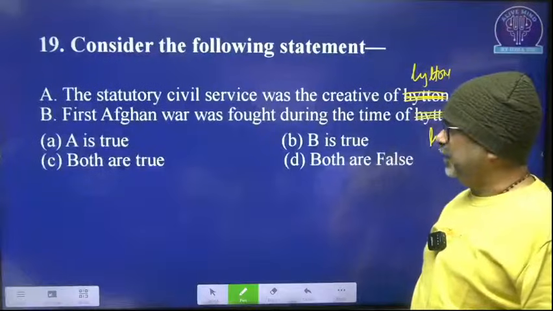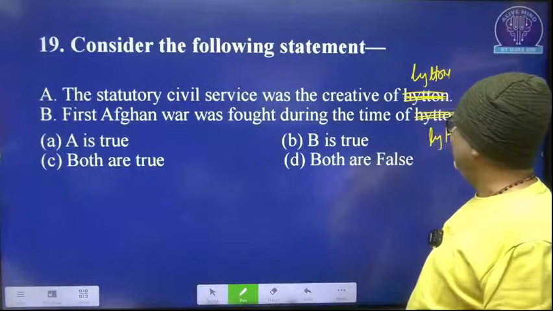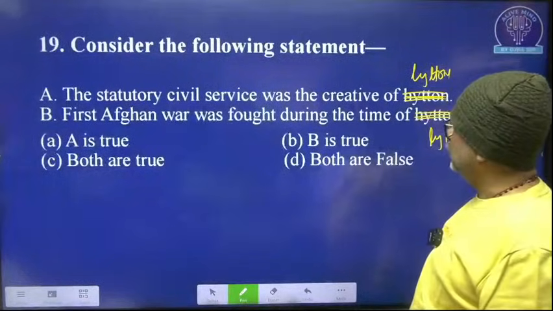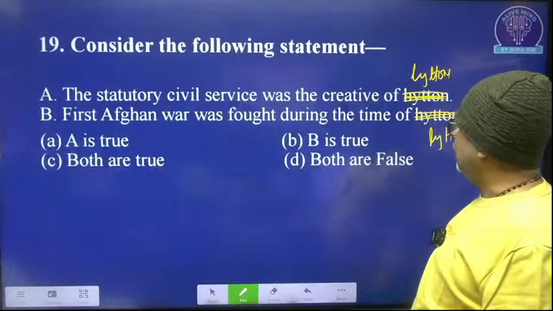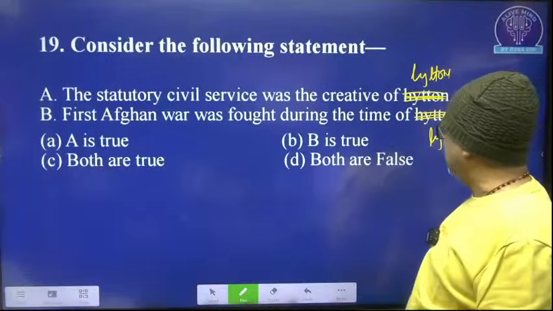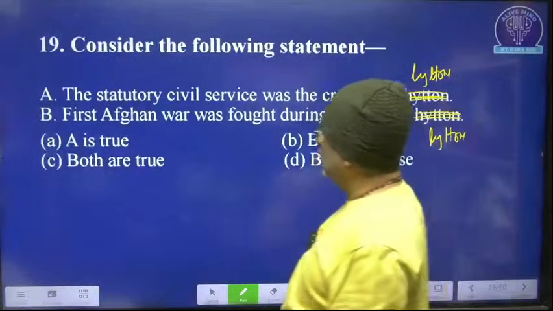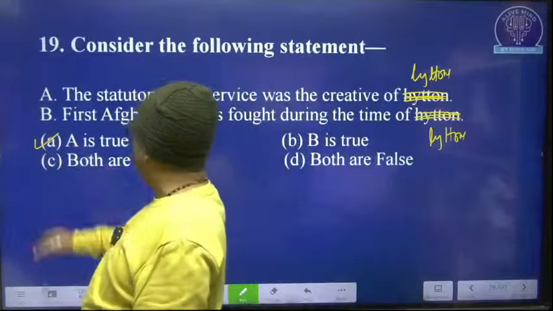It's a typing error, please. The statutory civil service was the creation of Lytton. Yes. Second Afghan war was fought during the time of Lytton. A is true. 19th A.